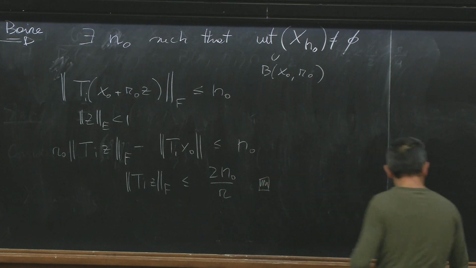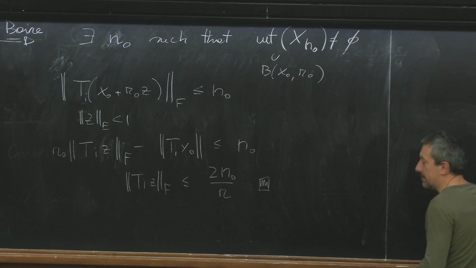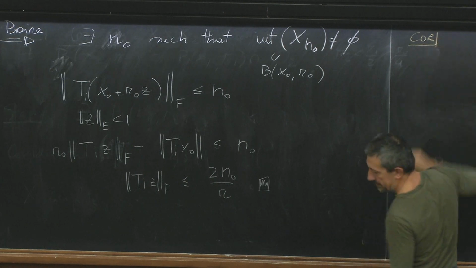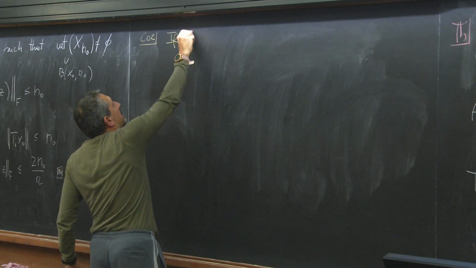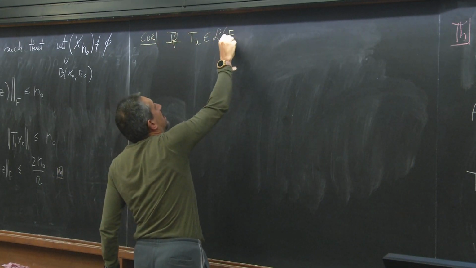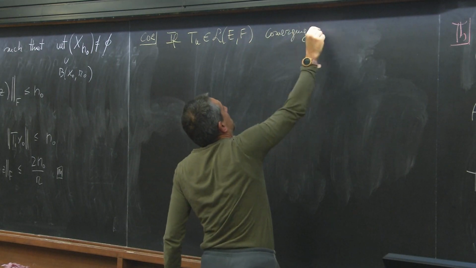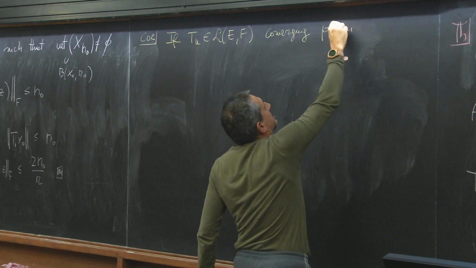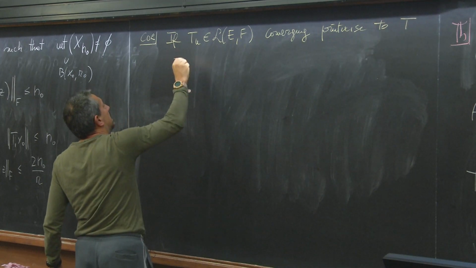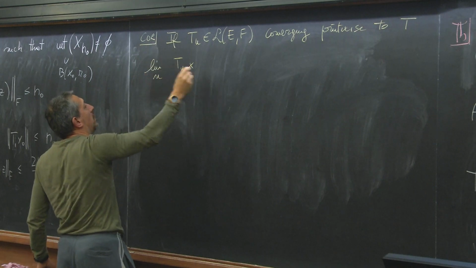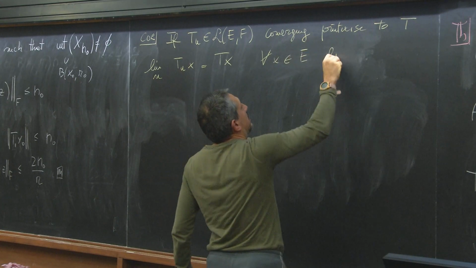A corollary. If T_n is a sequence of bounded operators converging pointwise to T, which means that the limit over n of T_n x is equal to T x for all x in E fixed.